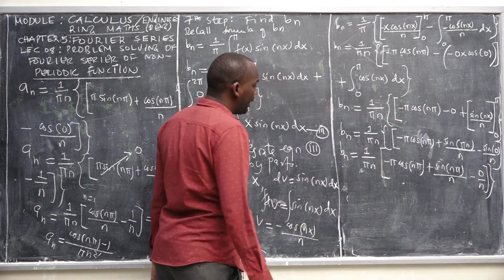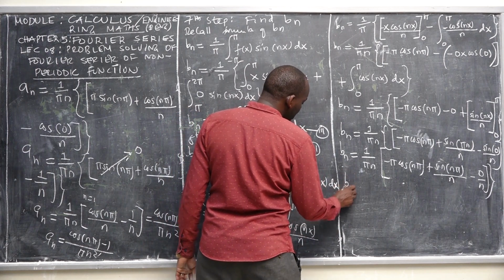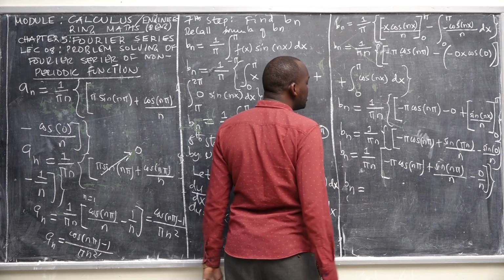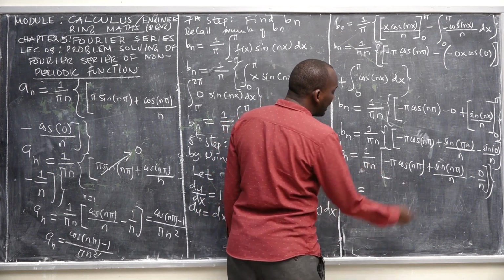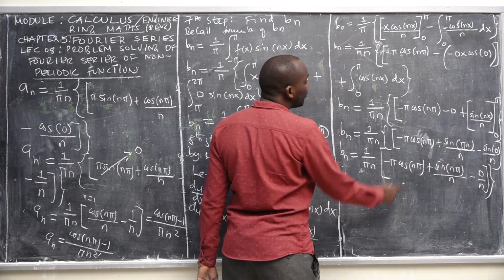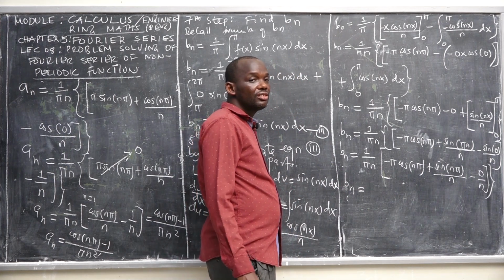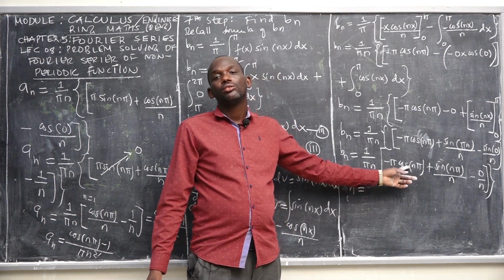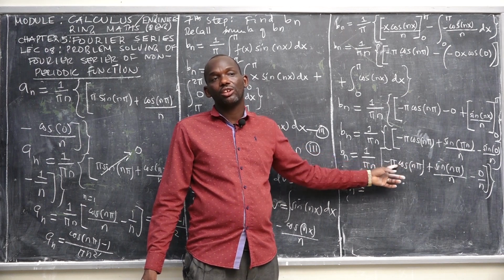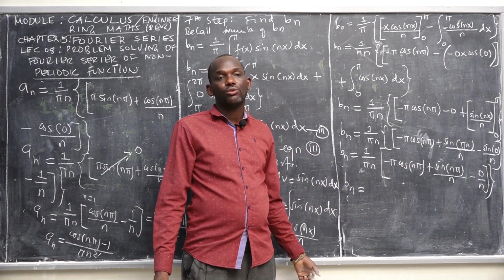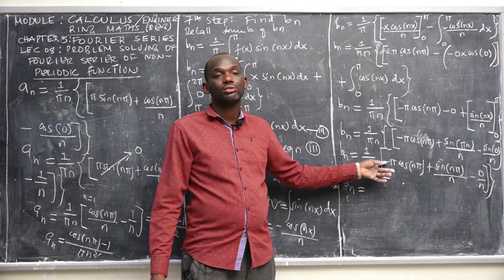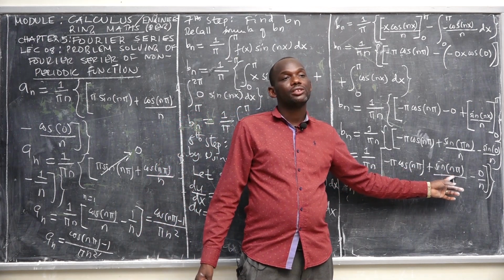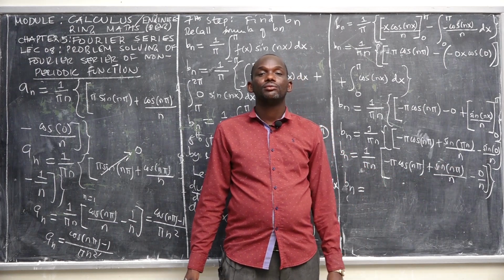So Bn, you can simplify at this point. When n is equal to 1, we have pi. Pi is 180 degrees. Cosine of 180 degrees is negative 1. When n is equal to 2, 2 pi, which is 360, cosine of 360 is positive 1. So it will never give you 0. Then when n is equal to 1, sine of 180 is 0.